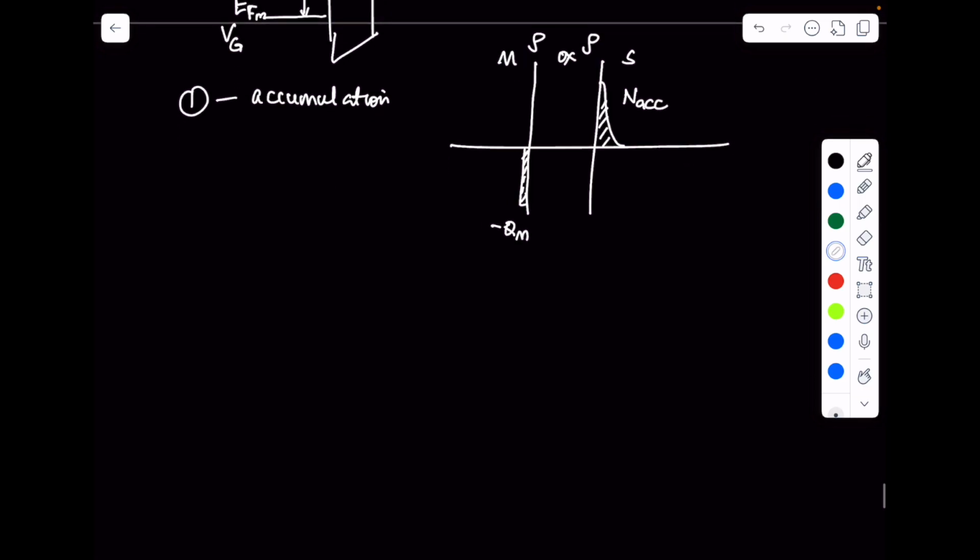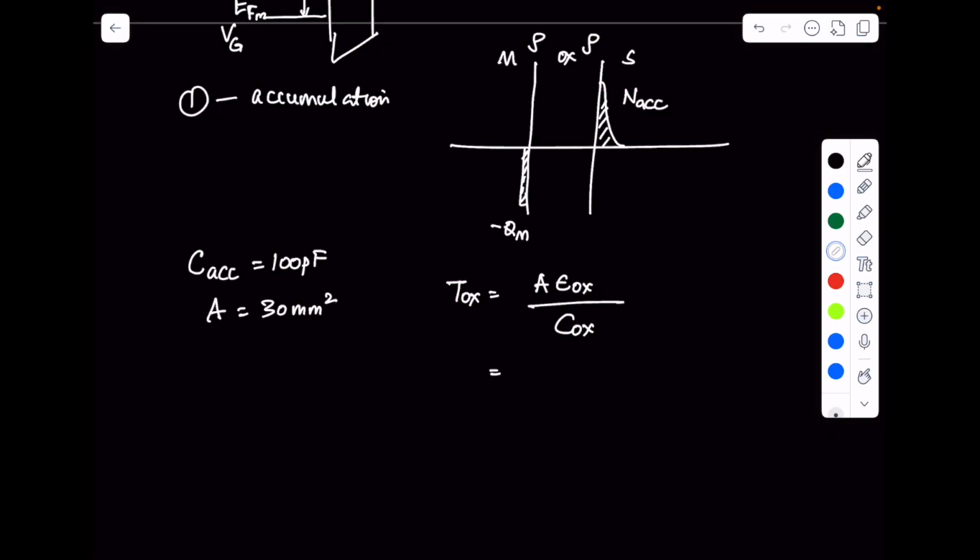The last question is to find the oxide thickness. Here your C accumulation is 100 picofarads, and you're given an area of 30 mm squared. So your T ox is nothing but A into epsilon ox by C ox, where A is 30 mm squared, so 30 into 10 power minus 1 squared, into 3.9 into 8.85 into 10 power minus 14, divided by C ox, which is 100 into 10 power minus 12.